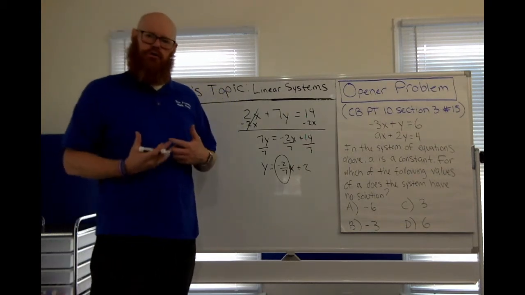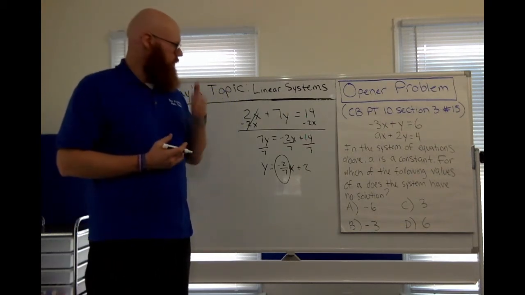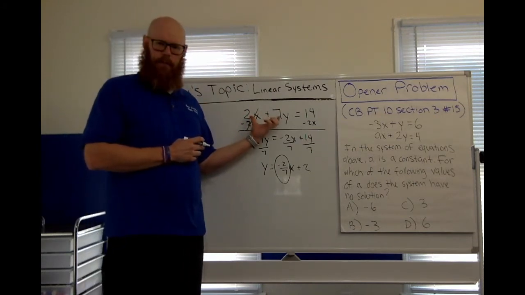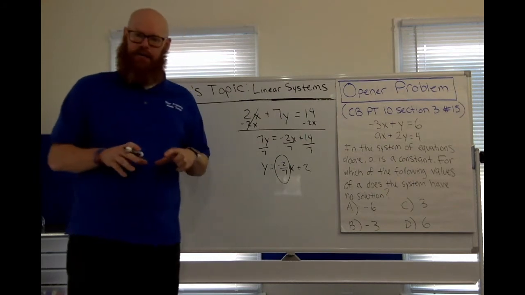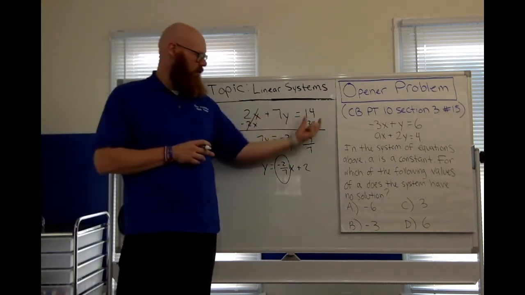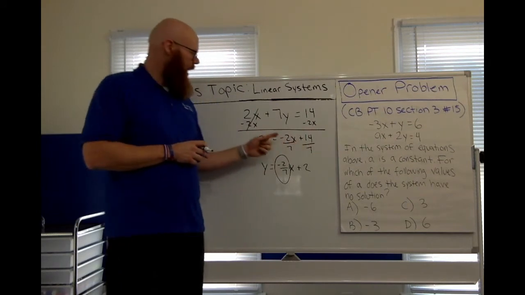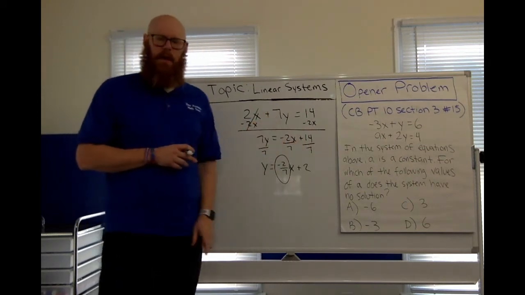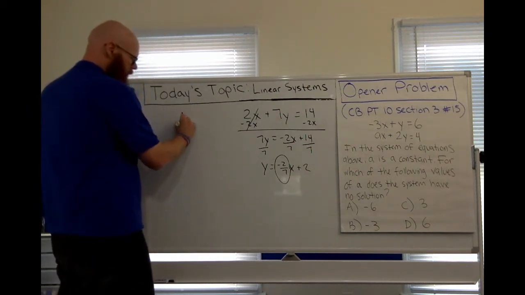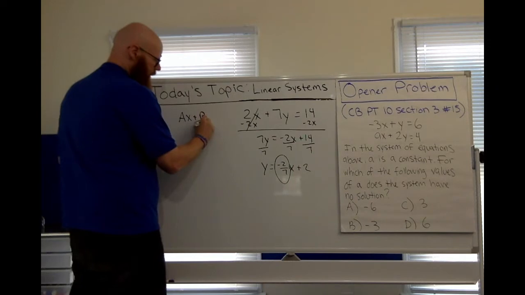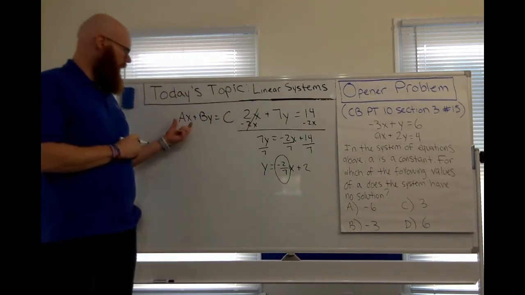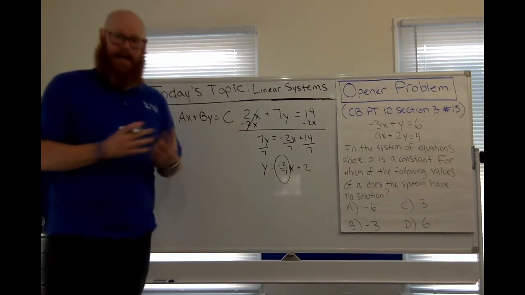So what I want you to try and do is practice being able to figure out the slope without rearranging. So mentally thinking of this 2x moving to the other side and becoming negative 2x, and then dividing by this 7. So if we look at this in standard form as ax plus by equals c, we mentally move the ax to the other side, and we get a negative a.